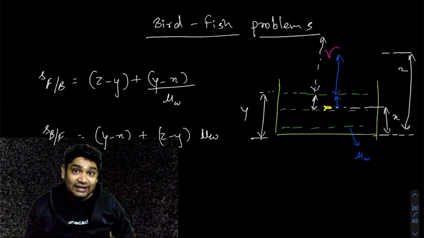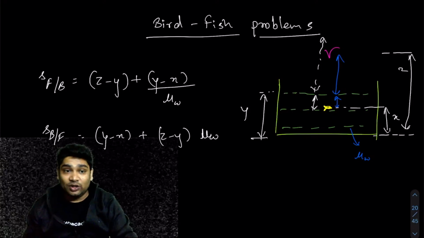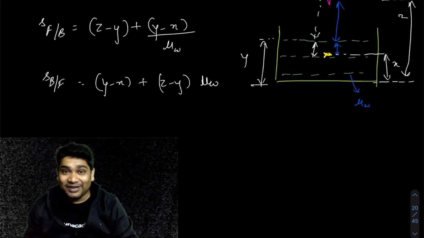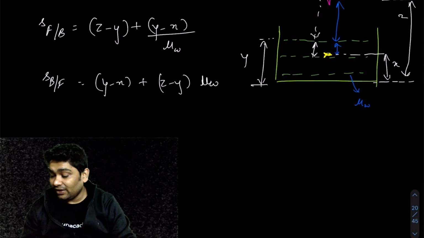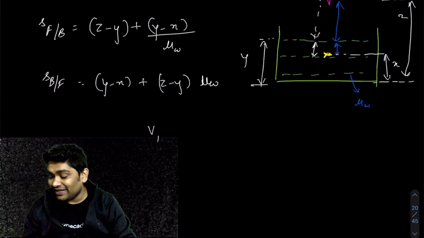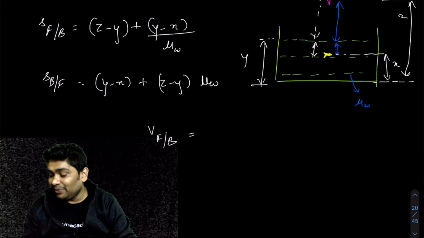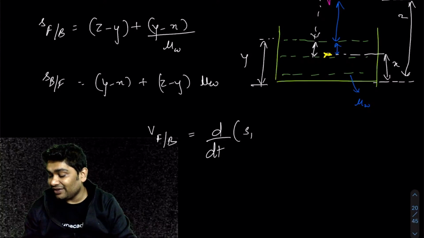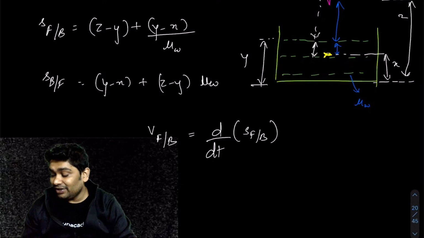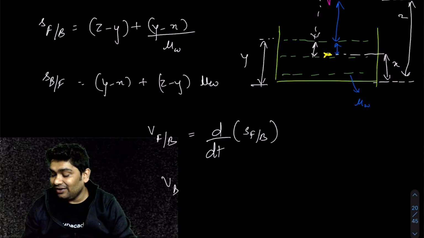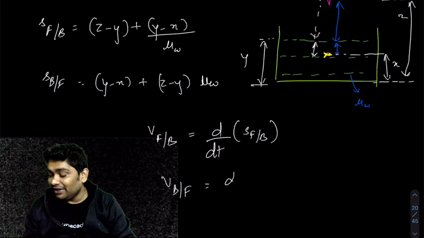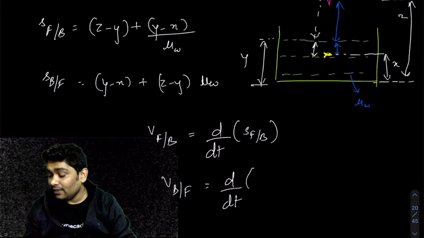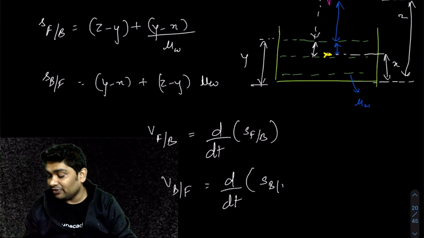Now, if I can find that, then to find the relative velocities, all I need to do is simply differentiate this. Velocity of fish as seen by bird would be d by dt of s of fish with respect to bird. Similarly, velocity of bird with respect to fish would be d by dt of s of bird with respect to fish.